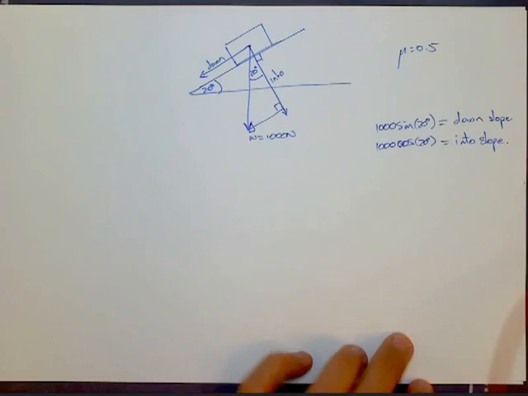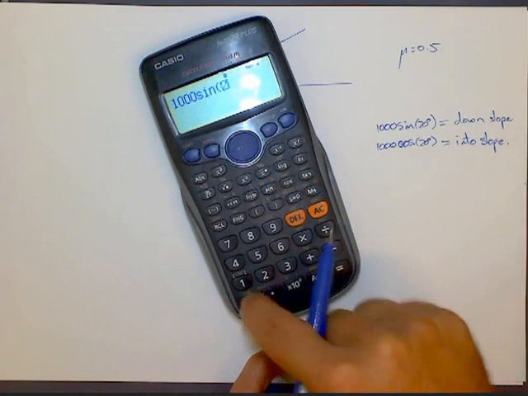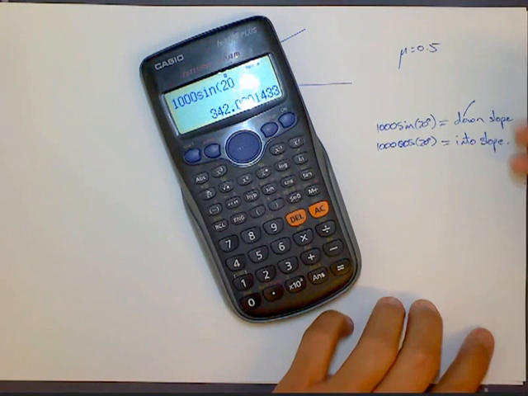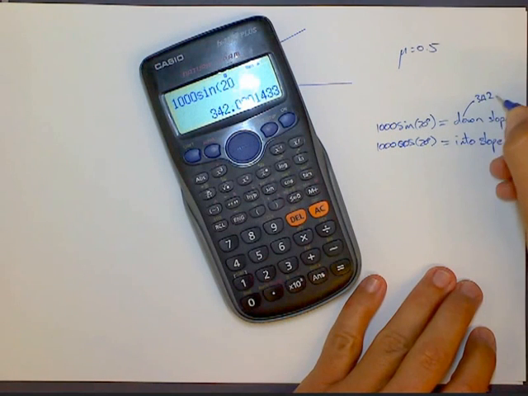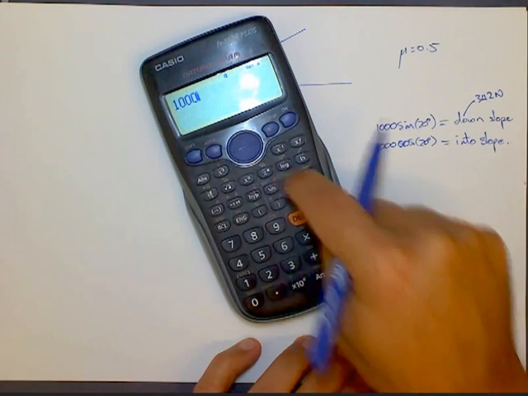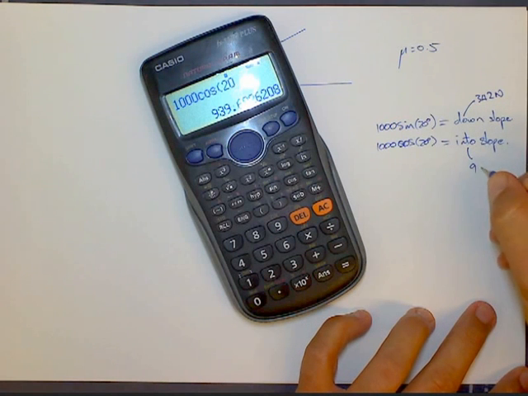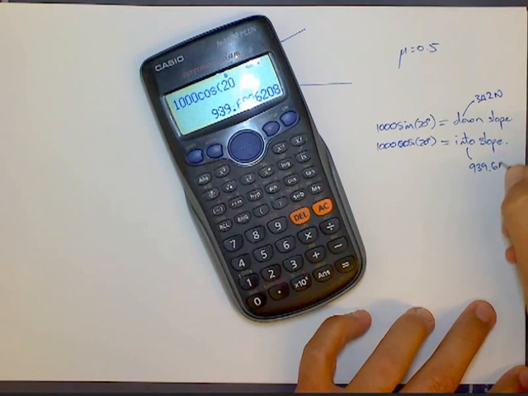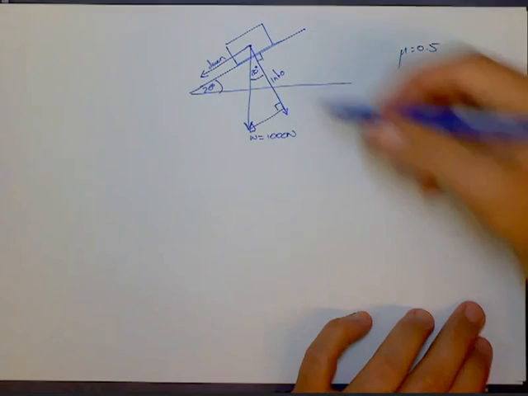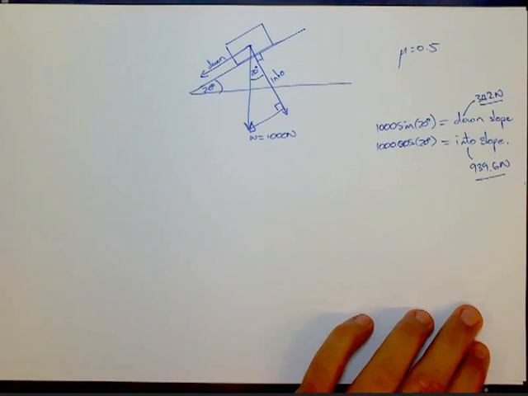So let's just quickly punch those out. 1,000 sine of 20. So the weight going down the slope is 342 newtons, and 1,000 cos of 20, the weight going into the slope, is 939.6 newtons. So we've very quickly worked out how much weight goes into the slope and how much weight's going down the slope once we start inclining this.